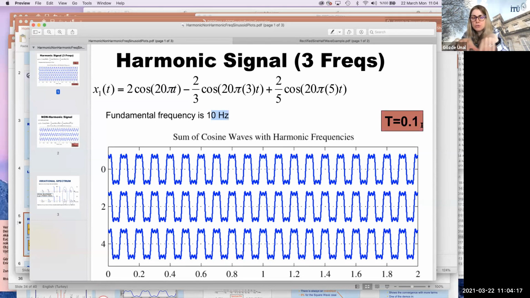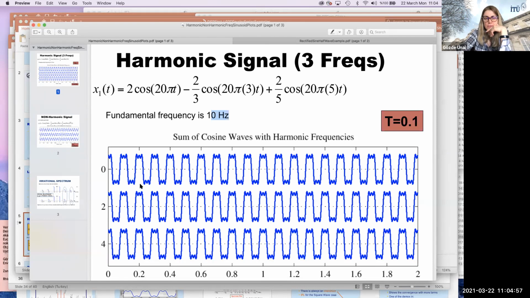So this plot shows a sum of cosine waves with harmonic frequencies, okay? It's just continuing the same thing because it's an infinitely long signal, right? This shows us that when we add 3 harmonically related periodic signals, we get another periodic signal. Here, the added signal's fundamental frequency is, of course, 10 hertz. We can see that period here, actually.